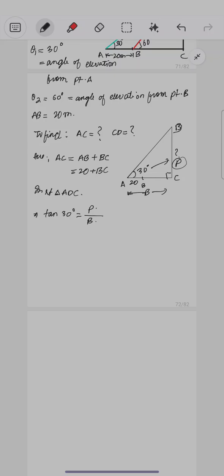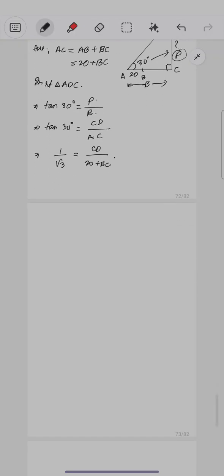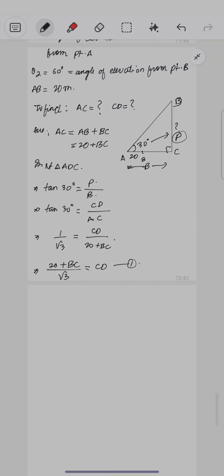Tan 30 is perpendicular CD, base AC. Tan 30 is 1 by root 3 equal to CD by AC, and AC is 20 plus BC. Solving, 20 plus BC by root 3 equal to CD. Equation number 1.